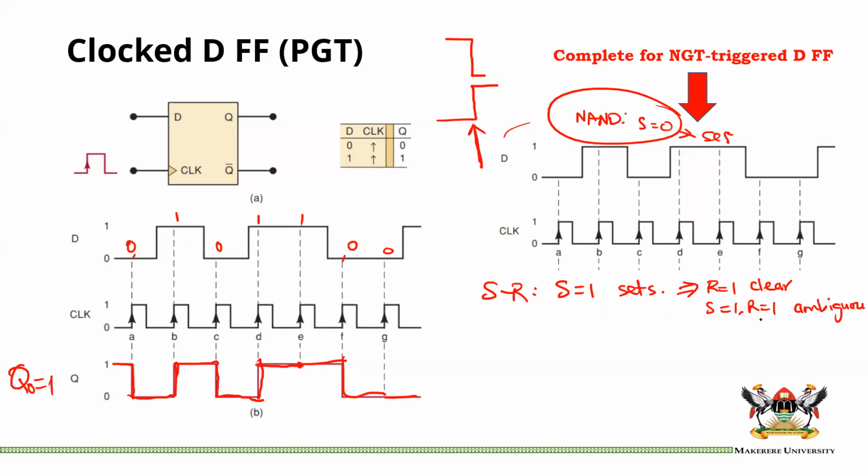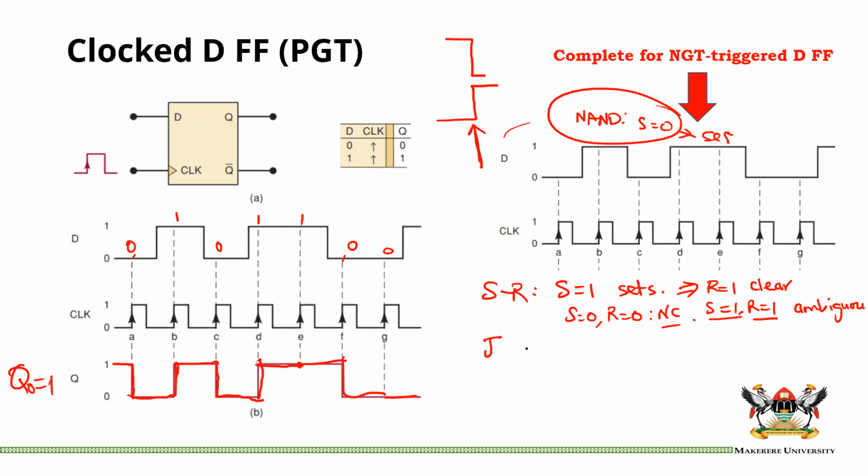And if S equal to 1 sets, then R equal to 1 also sets, meaning that these two reside in the 0, 0 states in general. So S equal to 0, R equal to 0 is their inactive state, no change.